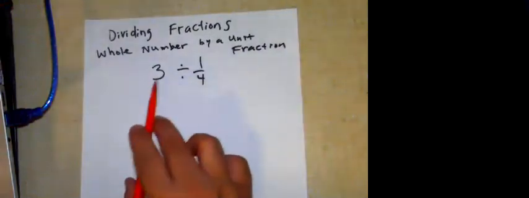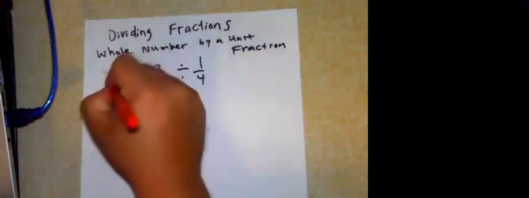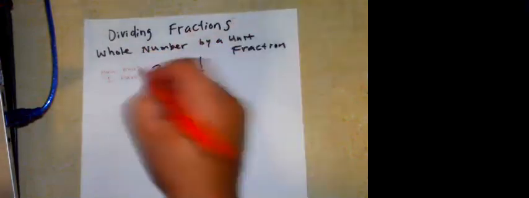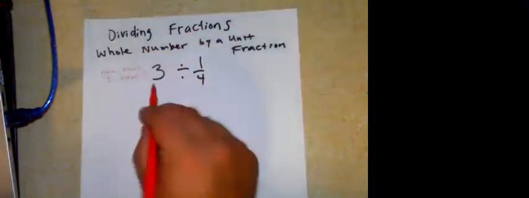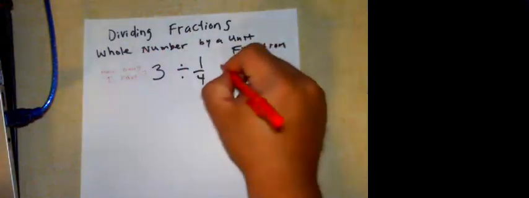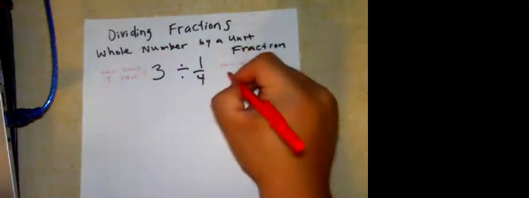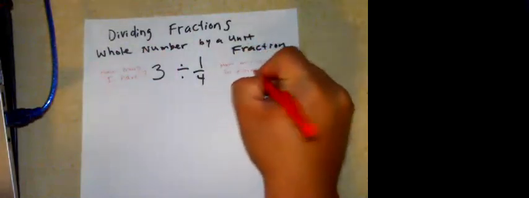So 3 represents how many I have. I have 3, okay? And then the 1/4 is how many in each group.